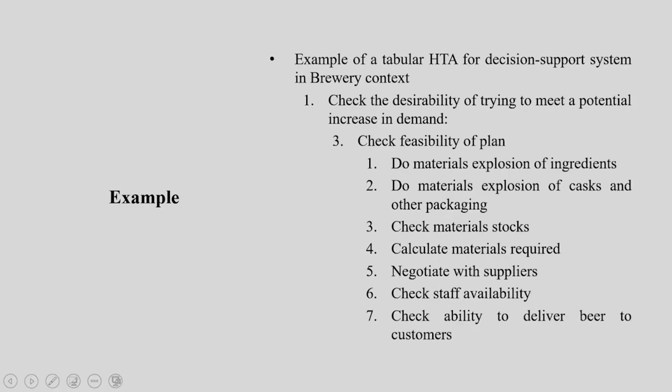Once these two steps are complete, we need to see how feasibly we will be able to execute the plan that we are making. To do so, we have different steps. Here I jotted down the major 7 steps.